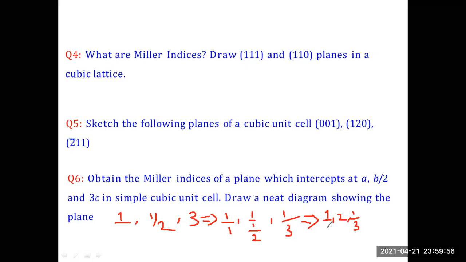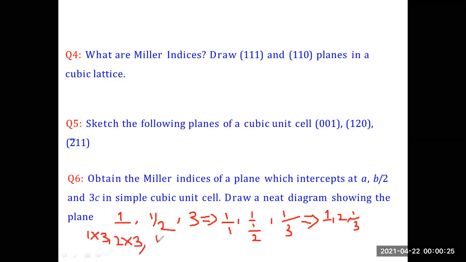Now I have to take the LCM. What is the LCM? 1 by 1, 2 by 1, and 1 by 3, so the LCM of 1 and 3 is what? 3. So I have to multiply 1 by 3. Whatever LCM you get, you have to multiply with each and every reciprocal. So 2 into 3, comma.